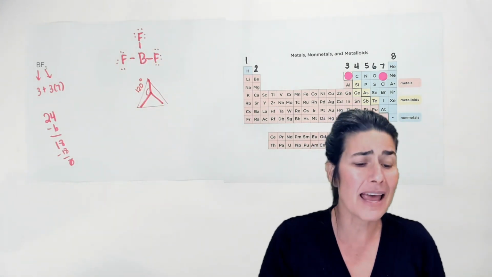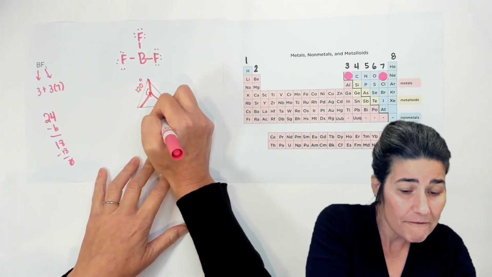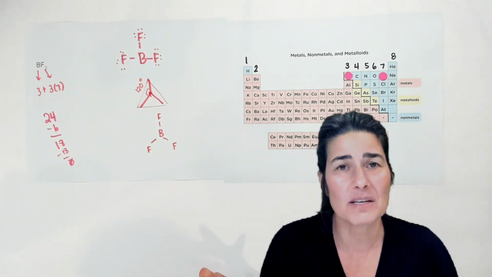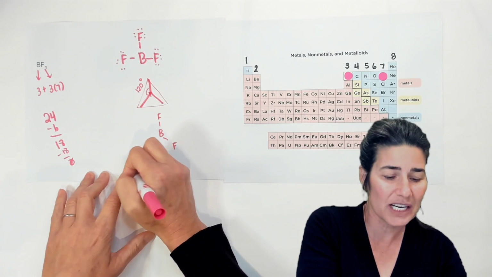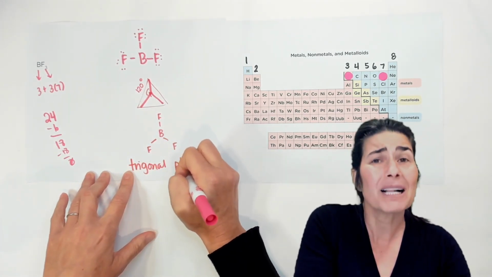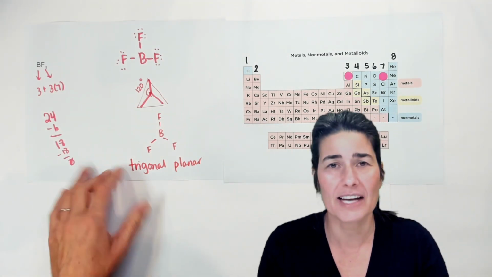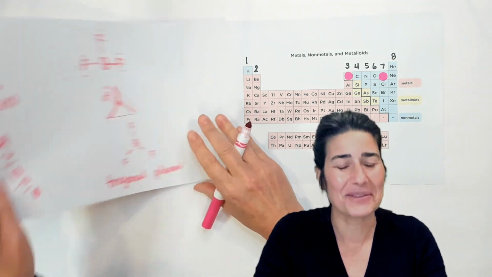The fancy word for flat triangle for the electron domain geometry is trigonal instead of triangle, planar instead of flat. Trigonal planar electron domain geometry. All right, let's go ahead and do another one.